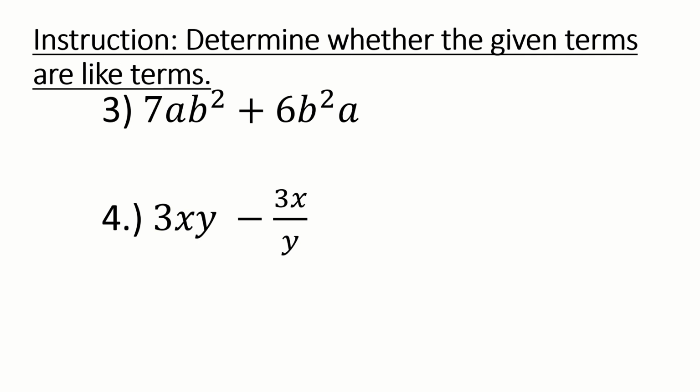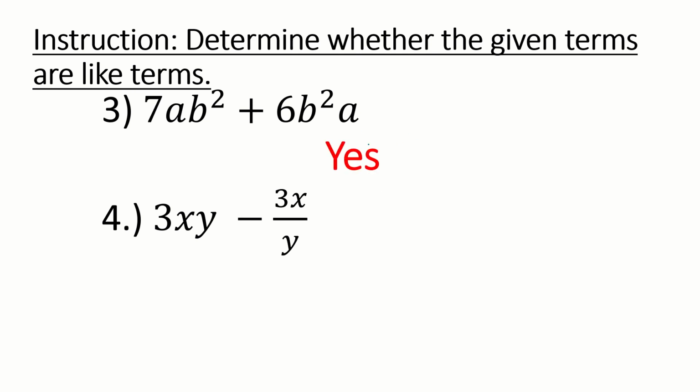Okay, let's have examples 3 and 4. Let's determine whether the given terms are like terms or not. So we have 7ab squared plus 6b squared a. Okay, is it a yes or a no? So it's a yes.